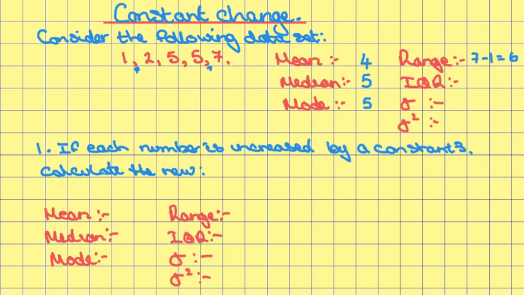Q3 is halfway between 5 and 7, which is 6, so that gives us an interquartile range of 6 minus 1.5, which is 4.5. And I've worked out the standard deviation is equal to 2.19. And if I square that, I get the variance, which gives me 4.8.